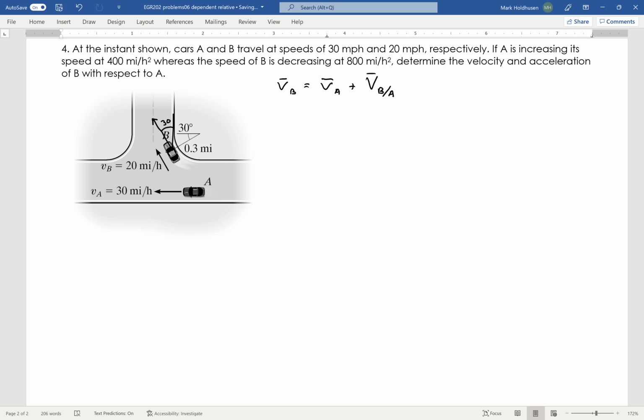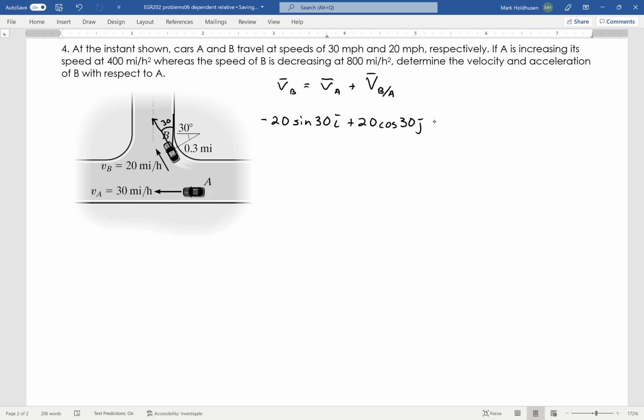So the velocity of B is going in the negative x direction, so it'll be negative 20 sine of 30 in the i direction and plus 20 cosine of 30 in the j direction. So that's the velocity of B.